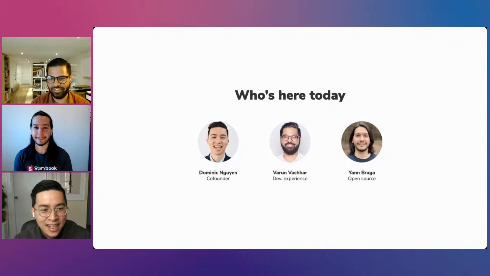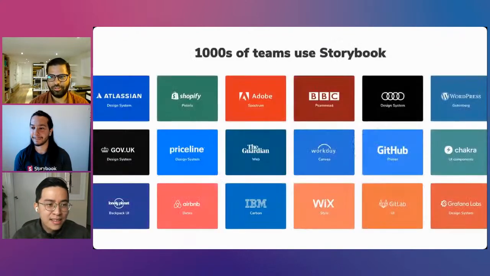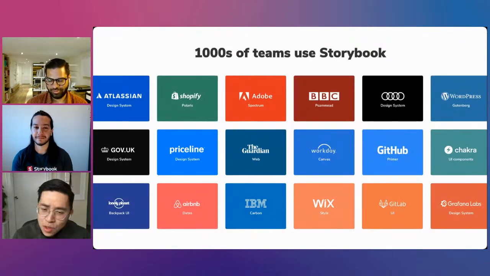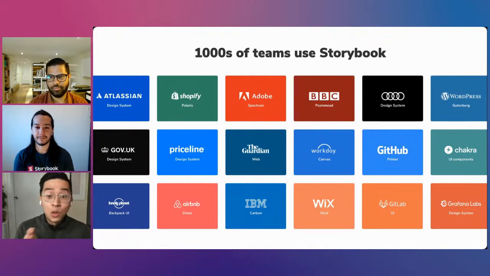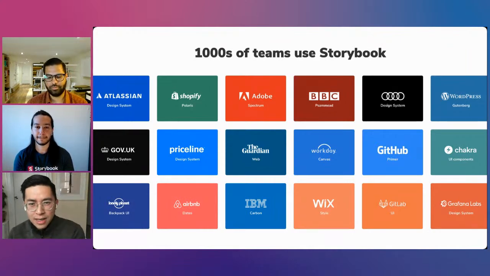Before we begin, though, it might make sense to zoom out and take a look at all the teams that use Storybook now. Storybook is the industry standard front-end tool. It helps thousands of teams like you and me create UI components and pages in isolation. Multinationals use it like Netflix and Microsoft and Google and Walmart.